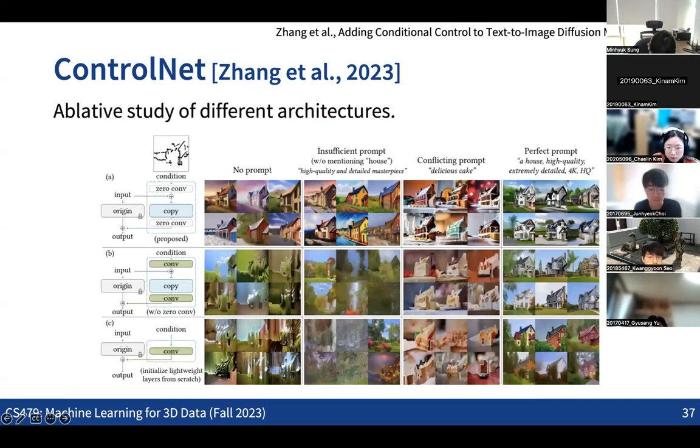So you can see an ablation study here. A is the ControlNet case. If you do not use the zero convolution layer here, then the output becomes unrealistic. Also, if you do not copy the neural net parameters and just directly feed the conditional information without processing the conditional images, you also cannot get realistic images.